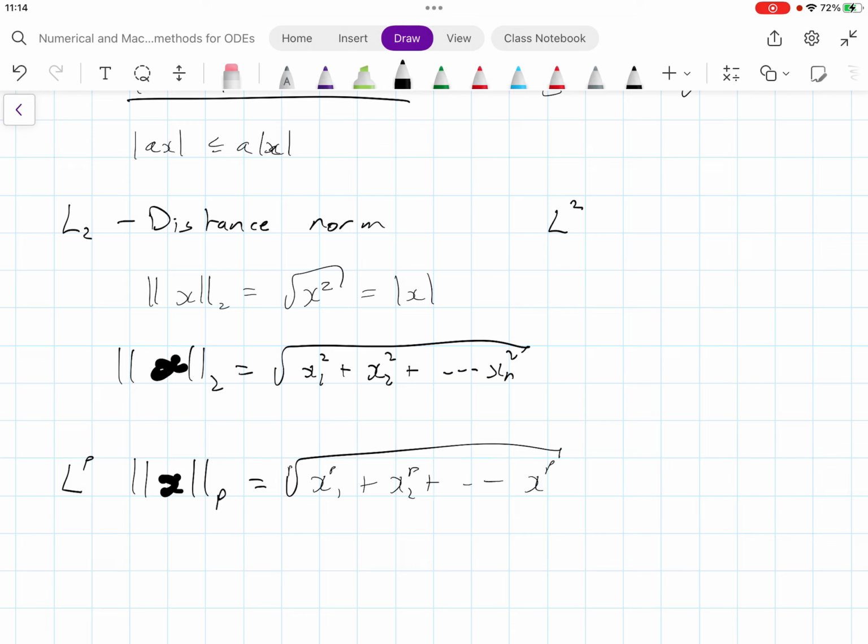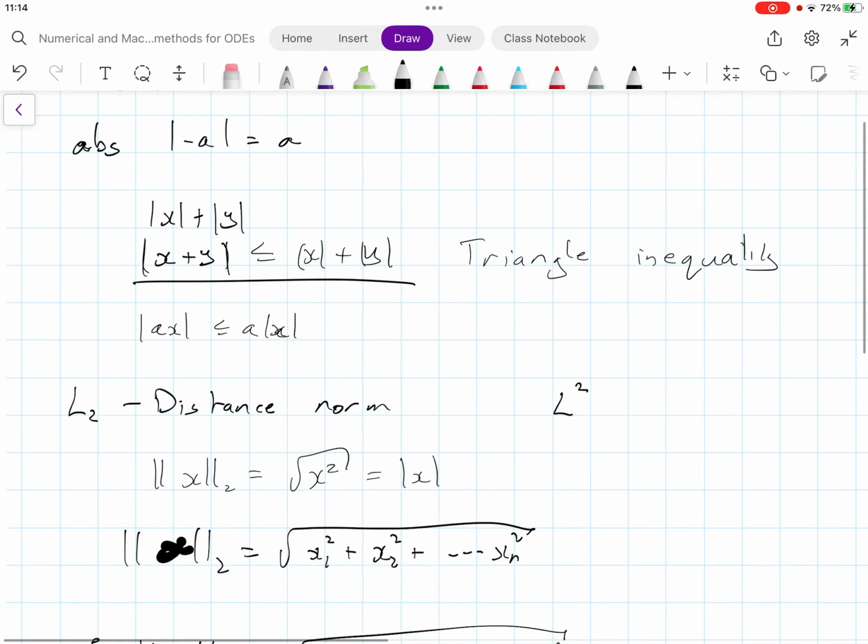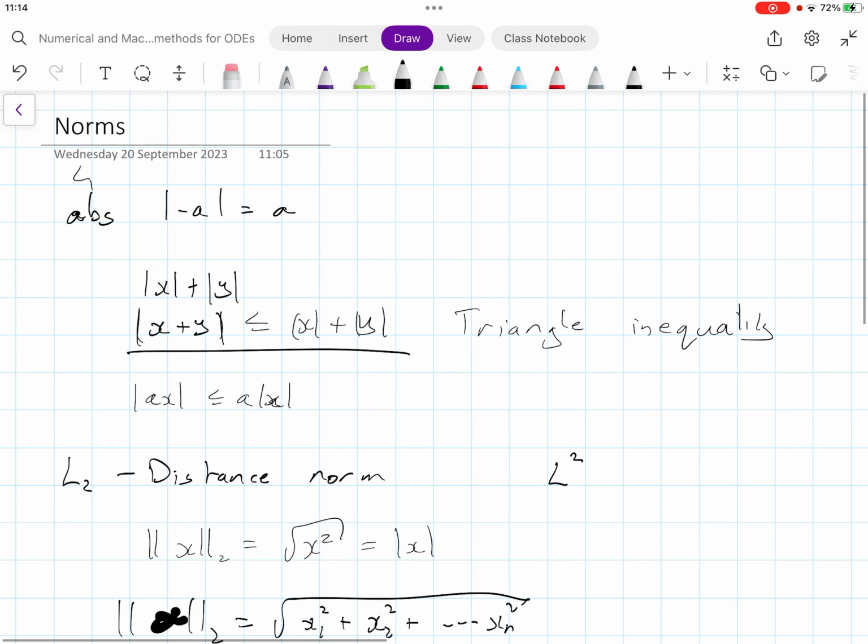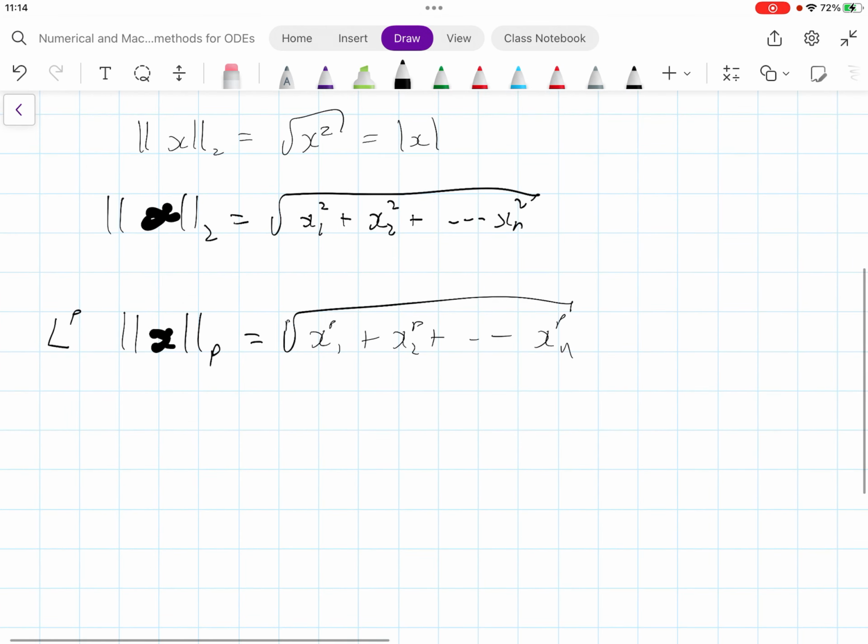But once again, this is probably less used. The most common three are the L1 norm, which is the absolute value, the L2 norm, which is our distance norm that we know that is also a vector product, the square root of a vector product. So the L2 norm can also be written as the square root of x dot x.